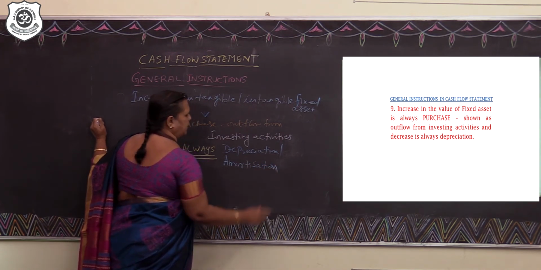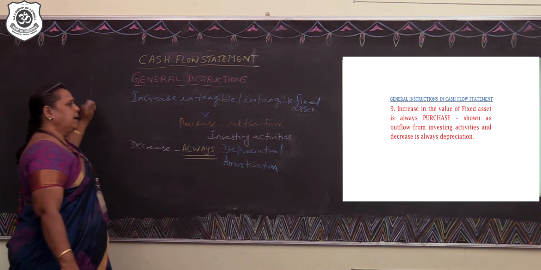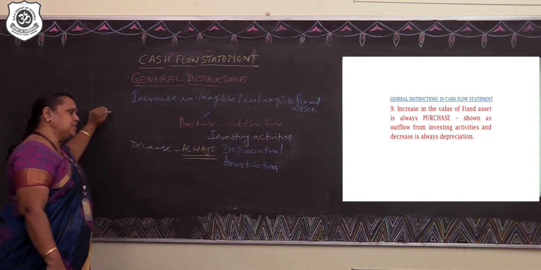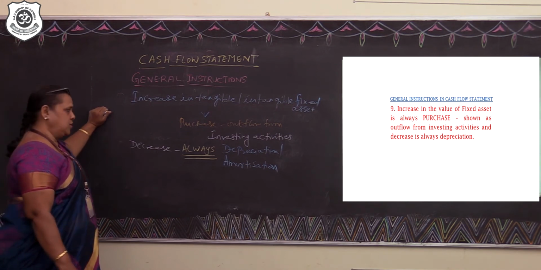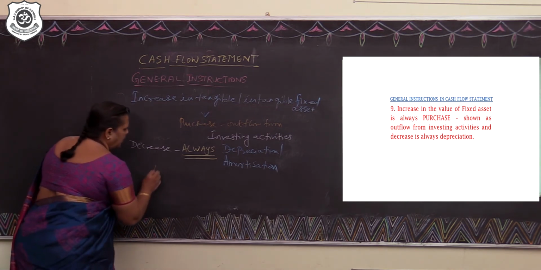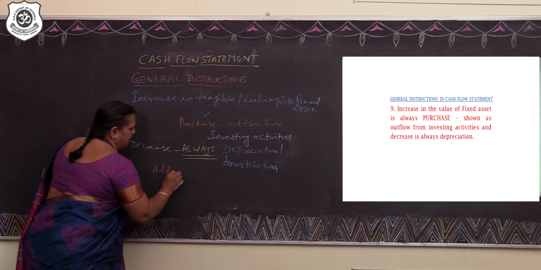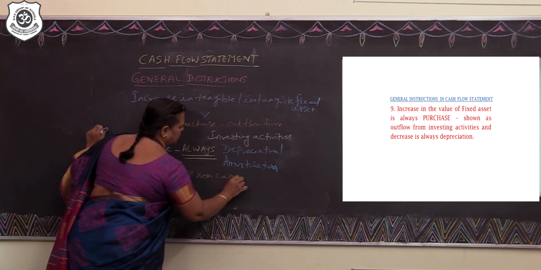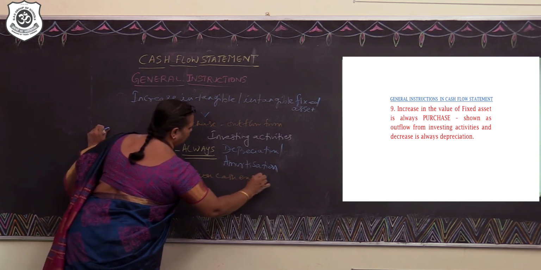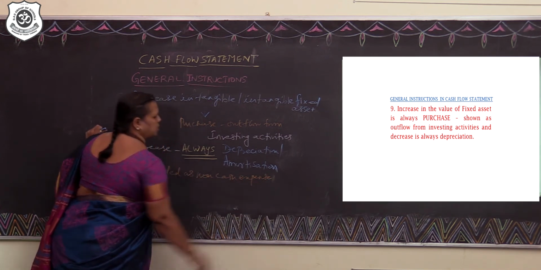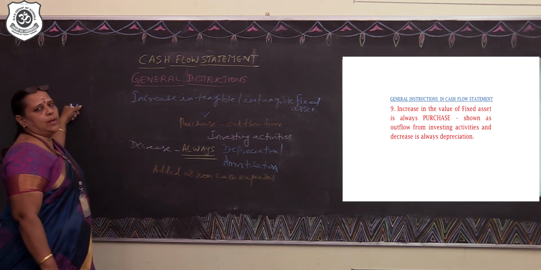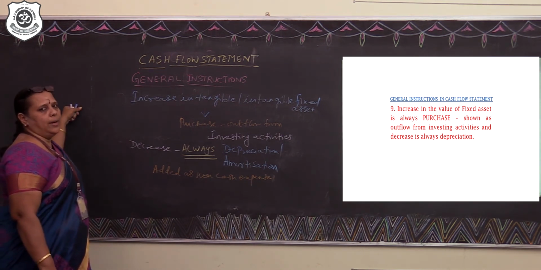In case it is a tangible asset, it becomes depreciation, and in case it is an intangible asset, it is amortization, which will be added as non-cash expense while computing cash flow from operating activities.